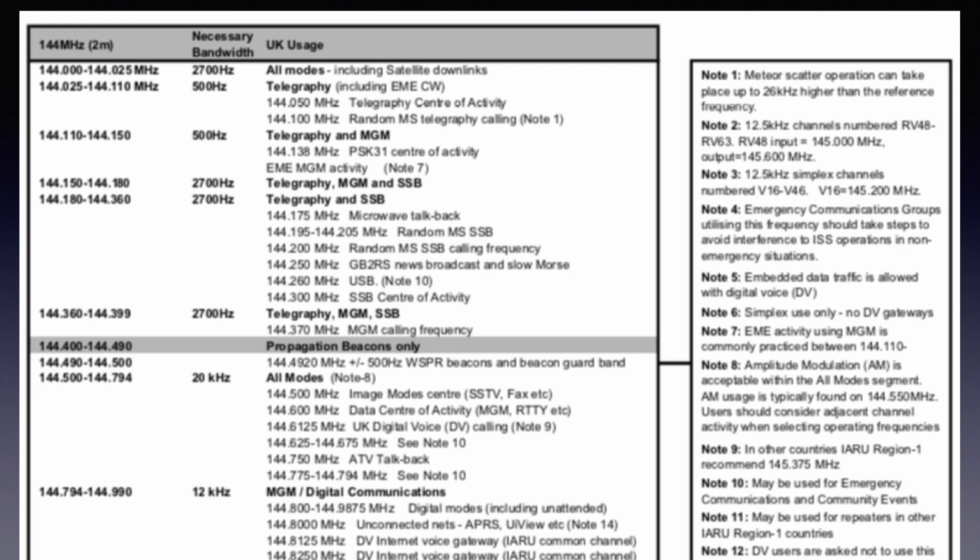For example, you might find that note 9 says in other countries, IARU Region 1 recommended 145.375 MHz. So you would have to see what that applies to in terms of the list on the left.